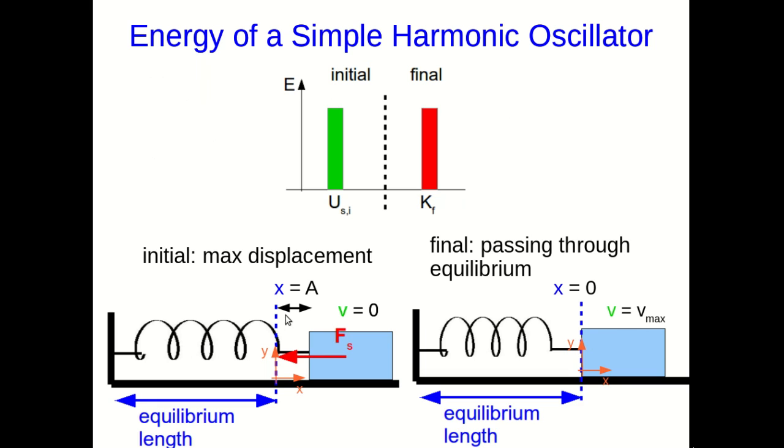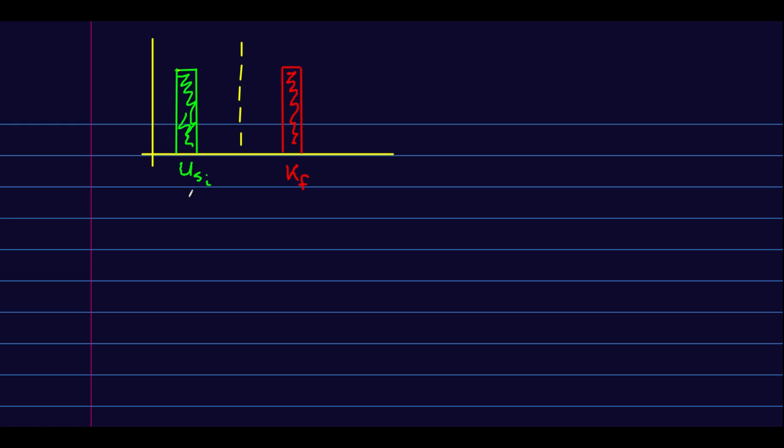And so we're going to have an energy bar chart that looks like this. Initially, it's not moving, it has a lot of spring energy. At the end, the spring is at equilibrium, and so there's no spring energy, and we've got a lot of kinetic energy. So let's use an energy analysis to get the maximum speed in terms of other things.